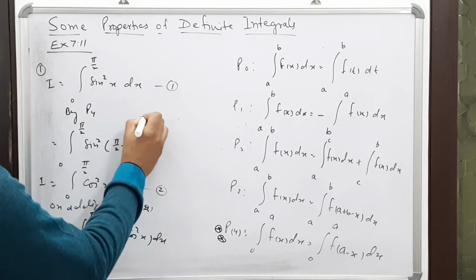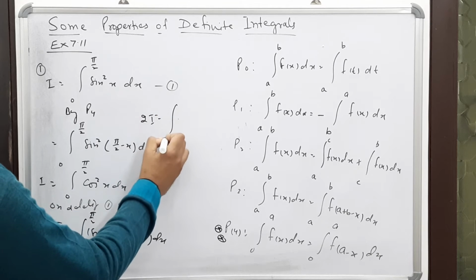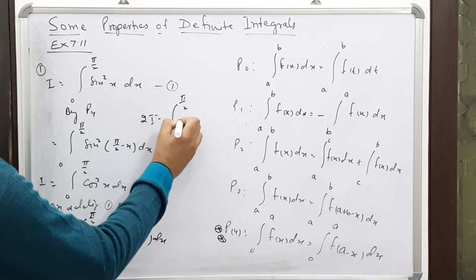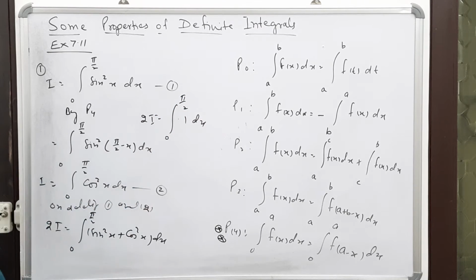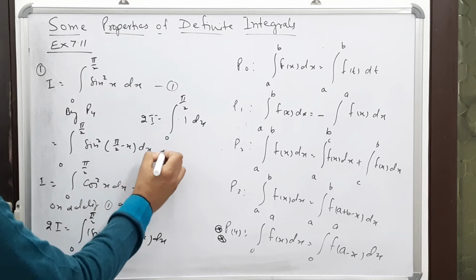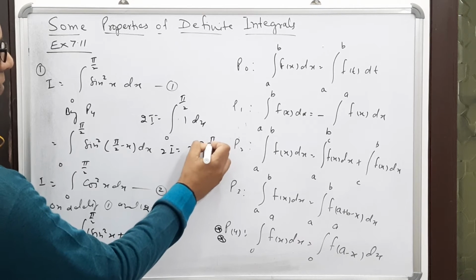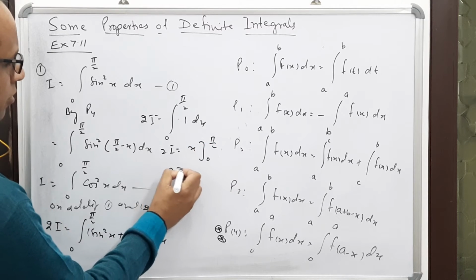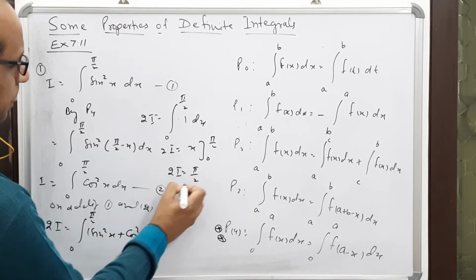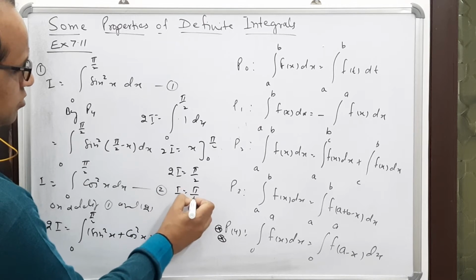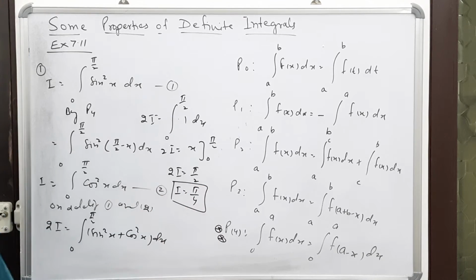So this part will be 2I equals integral 0 to pi by 2 of 1 dx. And you know the integration is x, and from 0 to pi by 2, so 2I equals pi by 2. So I equals pi by 4. So the answer of this is pi by 4. So that is the meaning of this particular property. I hope you understood this nicely.